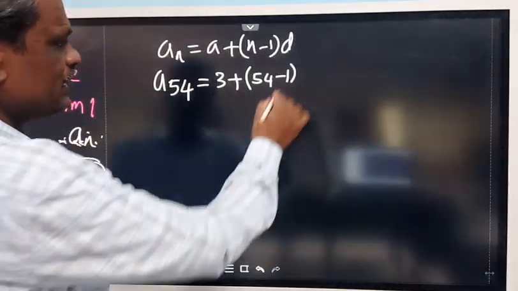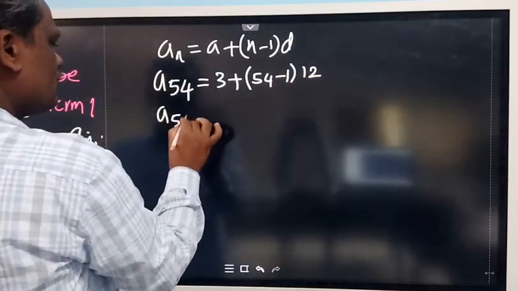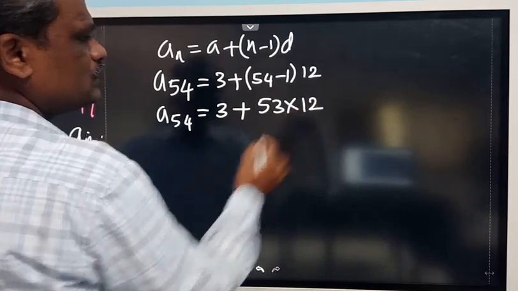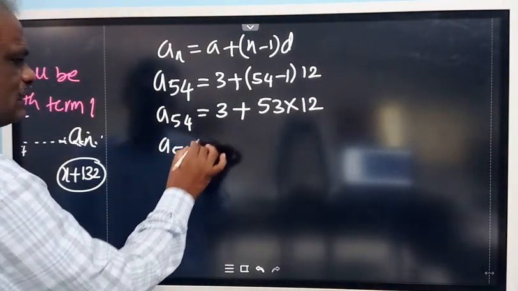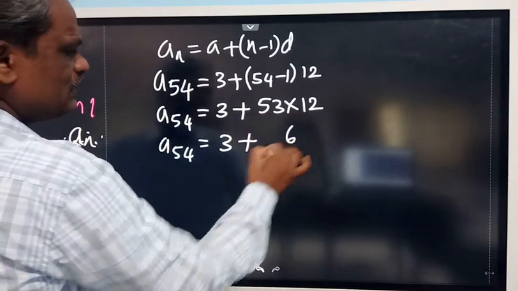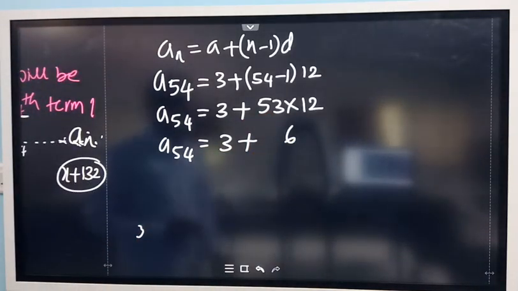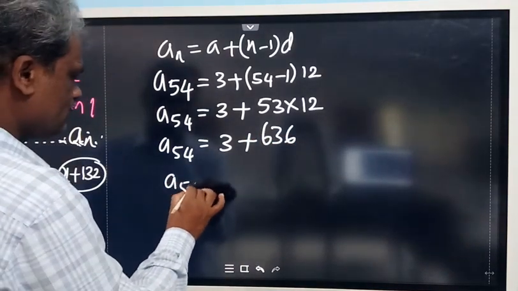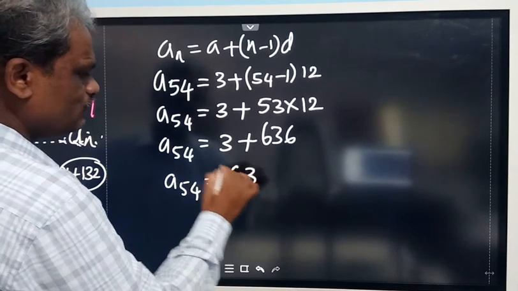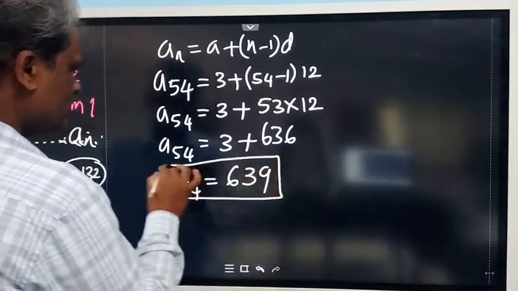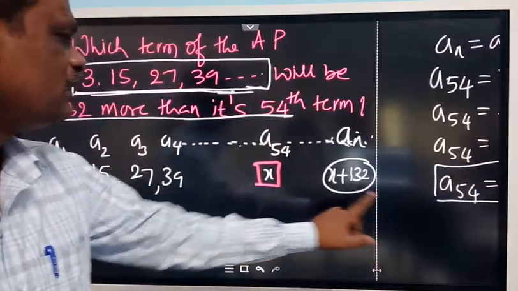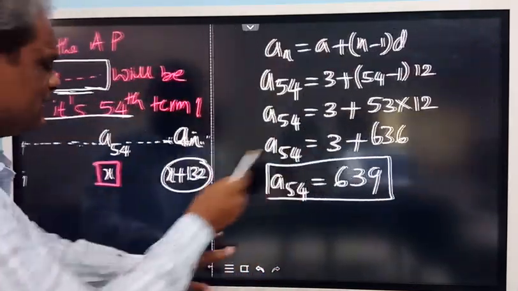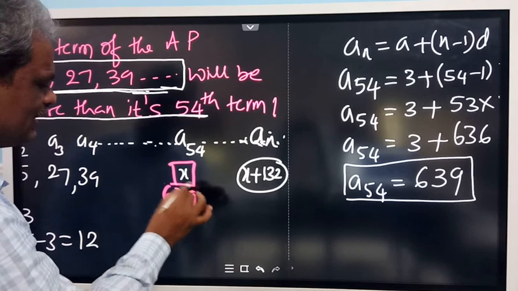So A54 is equal to 3 plus 53 into 12. 53 times 12: 3 times 12 is 36, 5 times 12 is 60, so 636. Plus 3 gives 639. Now this is the 54th term, so this X value I got is 639.